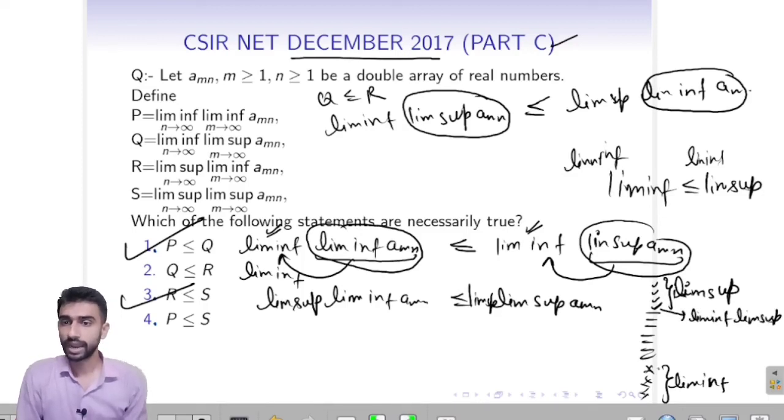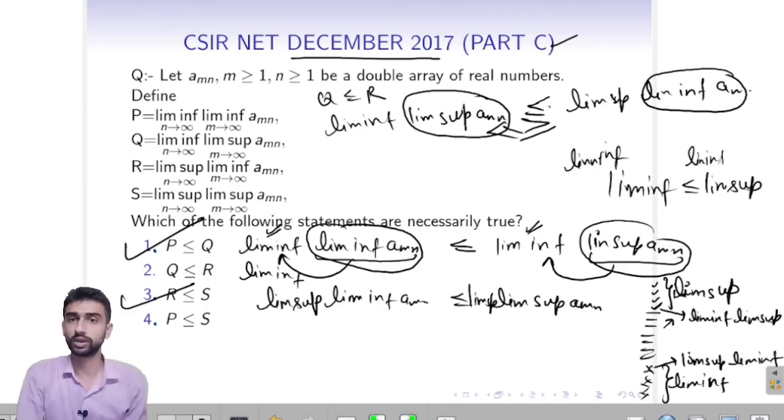And after this, among all the LimInfs I take the highest one, which means the LimSup of all the LimInfs. Now you can see which one is greater. This one is greater, so it should be like this: this is greater and this is smaller. So this option is incorrect. So option 2 is incorrect.